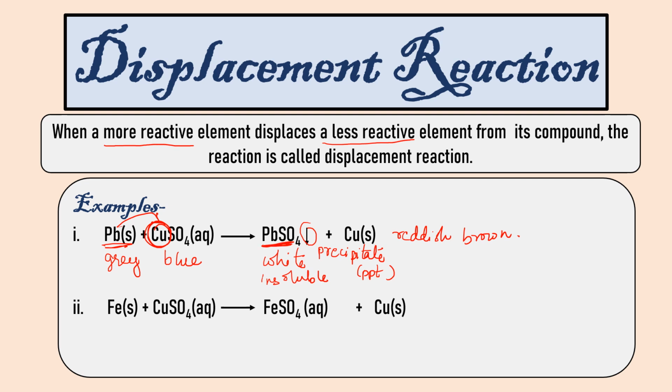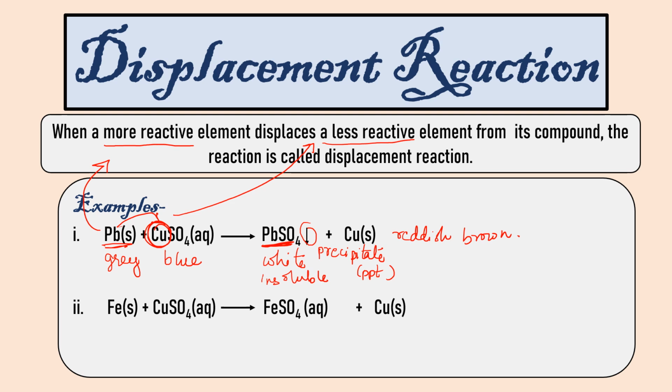So lead is a more reactive element as compared to copper, which is less reactive. That is why lead is able to displace copper from its compound and form lead sulfate.